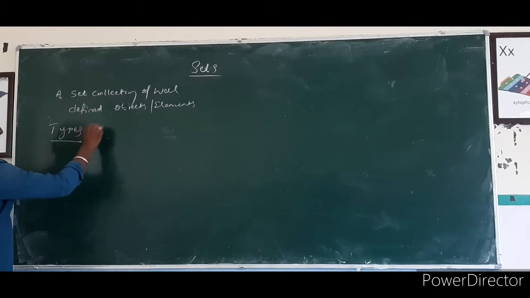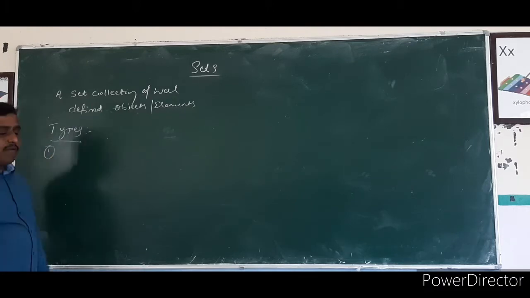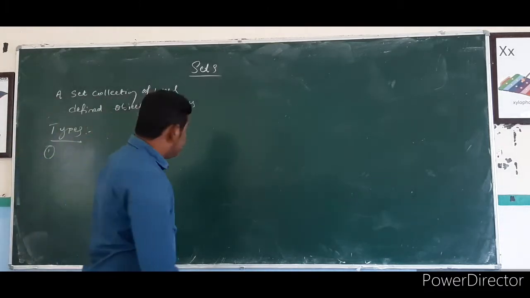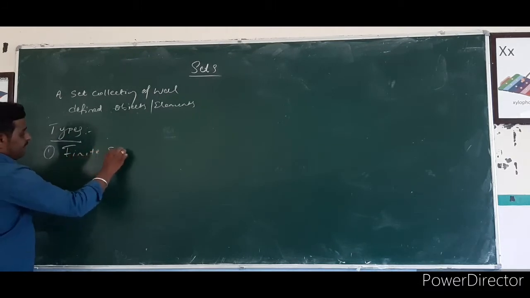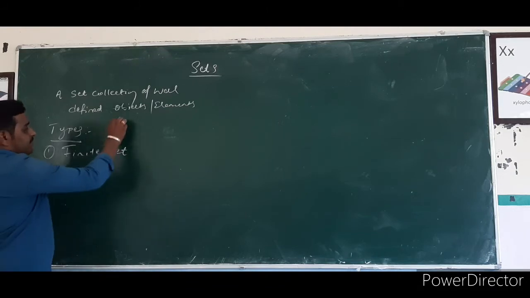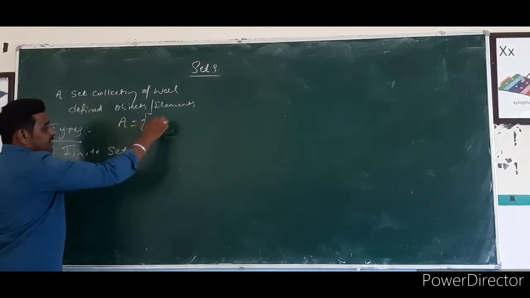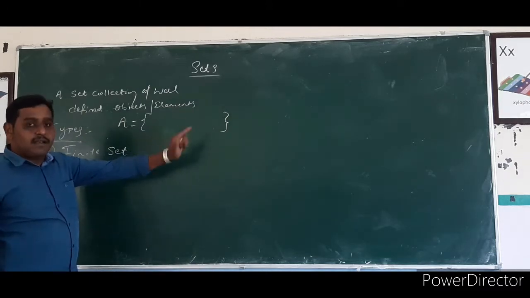Types of sets. First set is finite set. Before you go on, a set can be represented by capital letters. The elements are represented within the curly brackets.